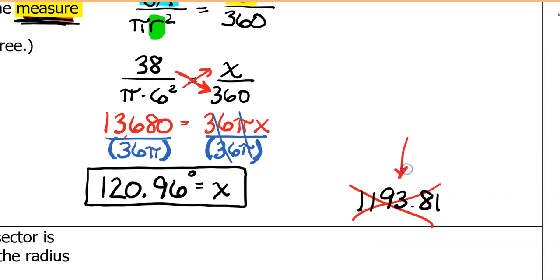What happened to give you that answer is that you messed up solving that equation. You thought you were dividing by 36 pi, but what you were actually asking the calculator to do is divide by 36 and then multiply by pi. So fraction bar, parentheses, or doing it as two steps is going to help you avoid that mistake.